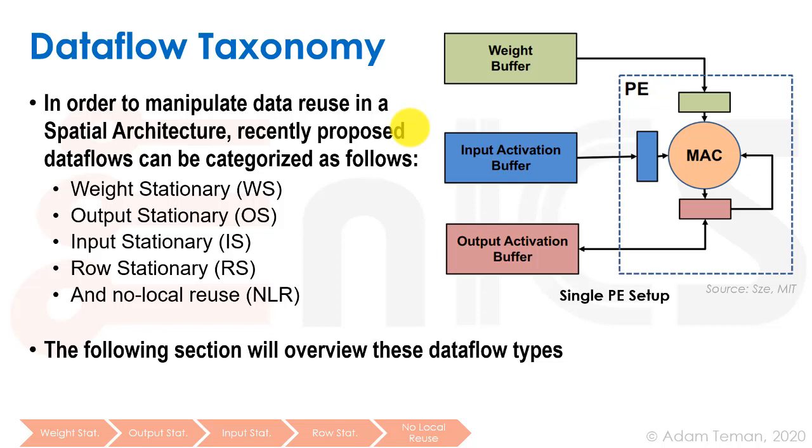So just to get ourselves on the same page, we have our MAC over here in the middle, and our processing element is going to encompass a weight buffer, an input activation buffer, and an output activation buffer. The MAC has to do accumulation, so it has to read the partial sums from the output activation buffer.